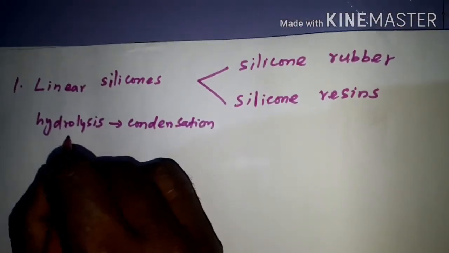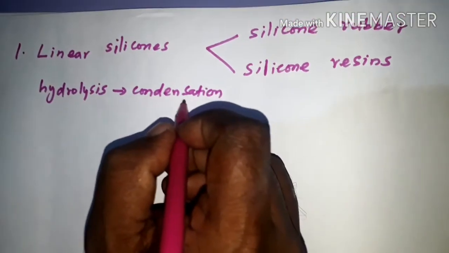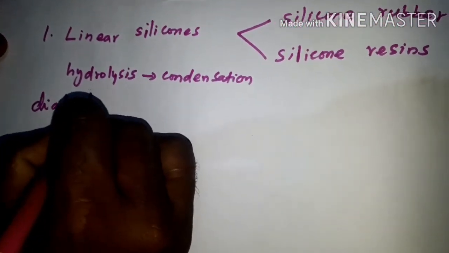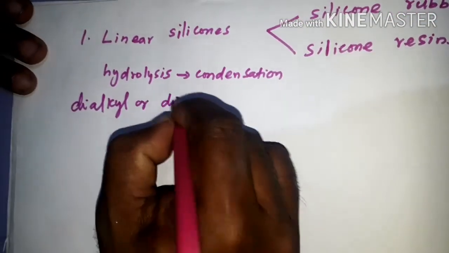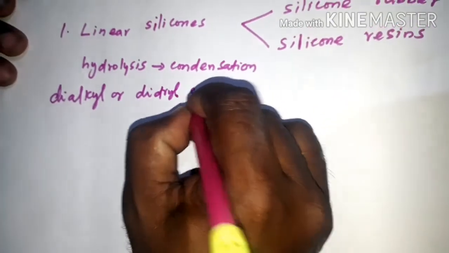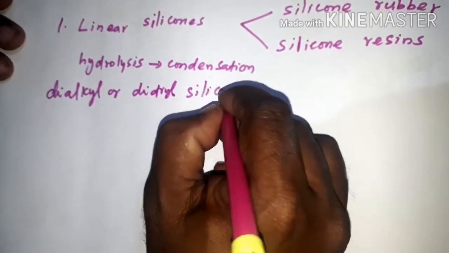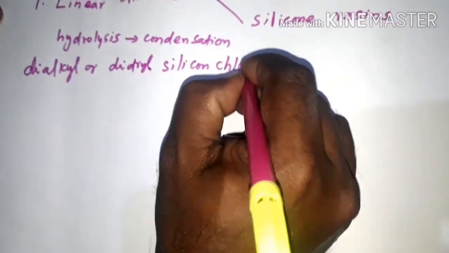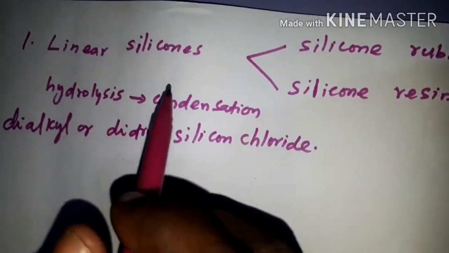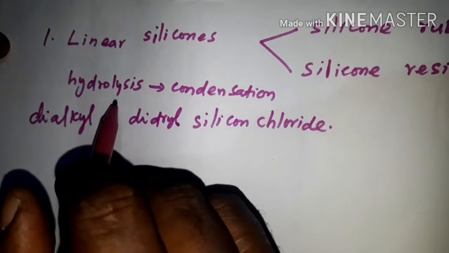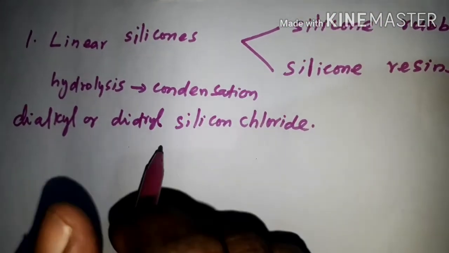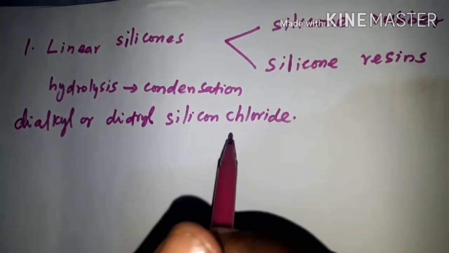So first hydrolysis, then condensation of dialkyl or diaryl silicon chlorides.